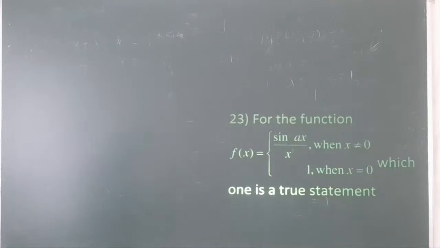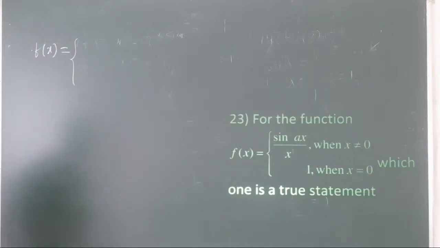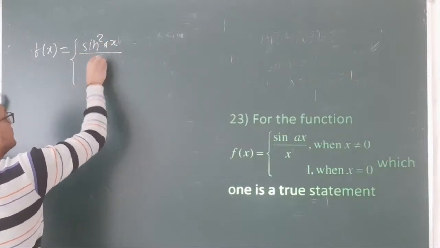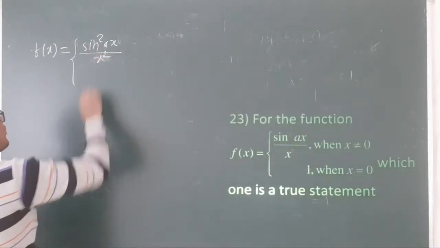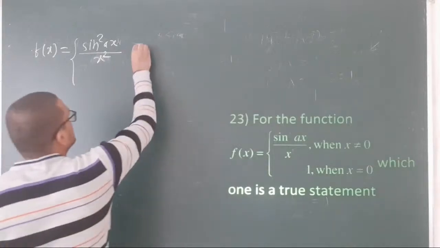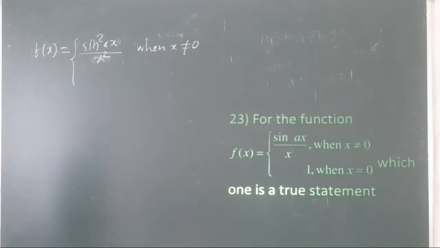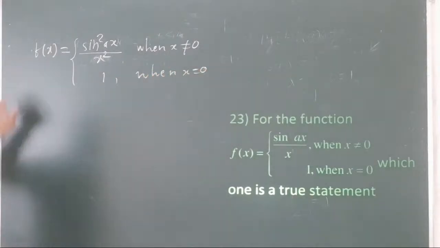Okay, see the next question. For the function f of x is equal to sin square ax upon x square when x is not equal to 0, and 1 when x is equal to 0.